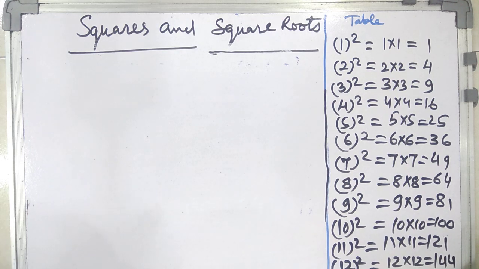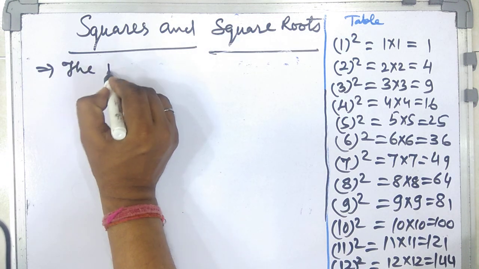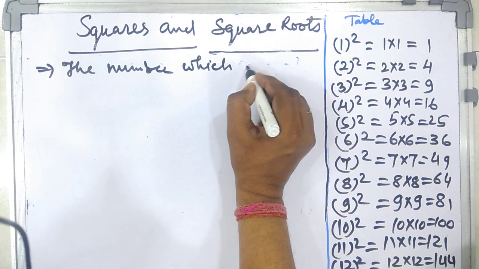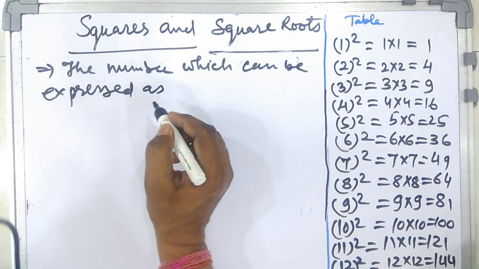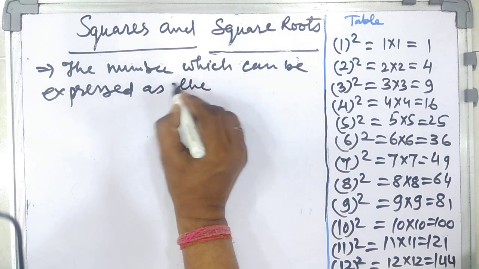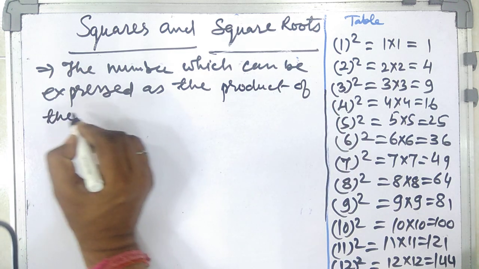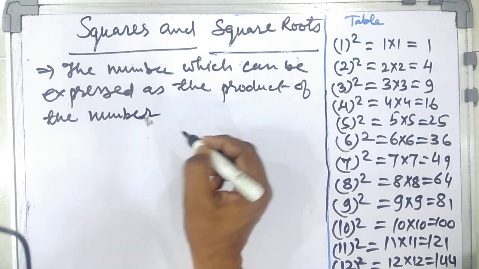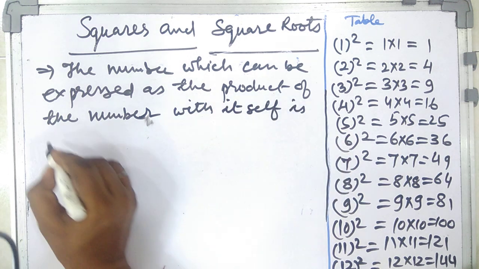So students, by observing the table, we conclude that a number which can be expressed as the product of a number with itself is called a square number.